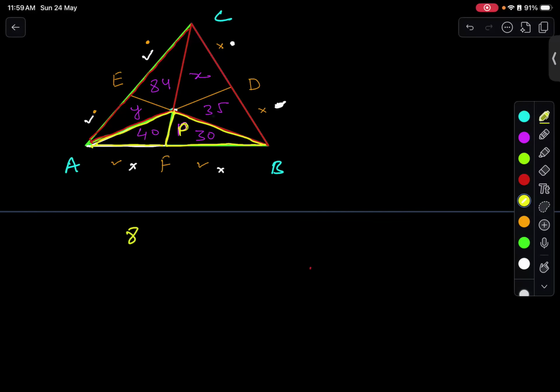So I can say 84 plus y upon 35 plus x is equal to 40 by 30. This is the second equation.